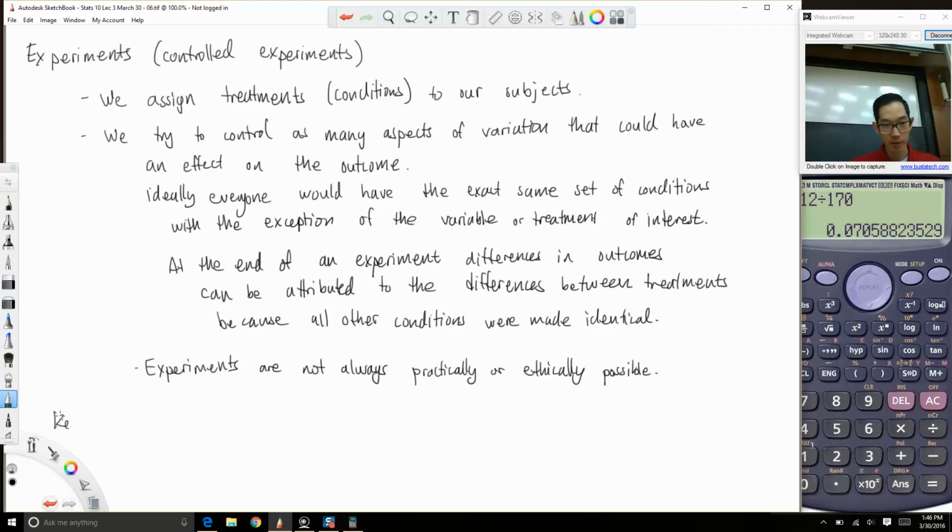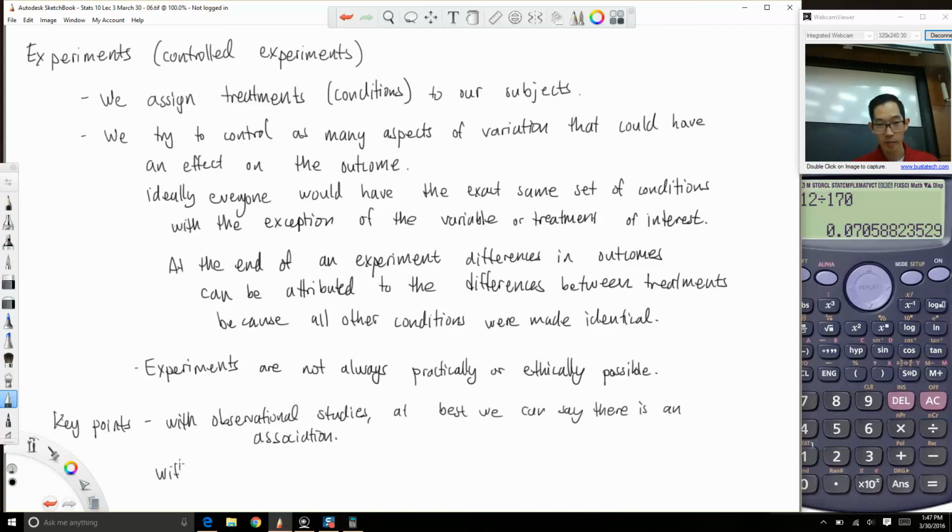So I guess I'll say our key point with observational studies, at best we can say there is an association, okay? And with experiments, assuming the data supports it, we could make a cause and effect conclusion.